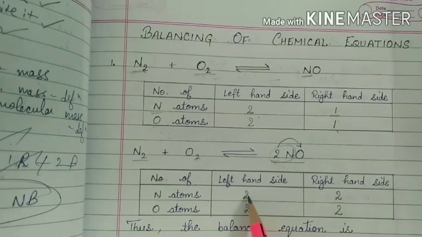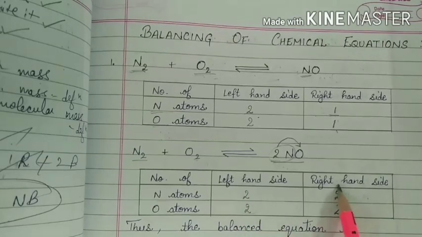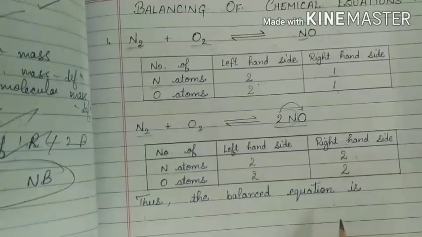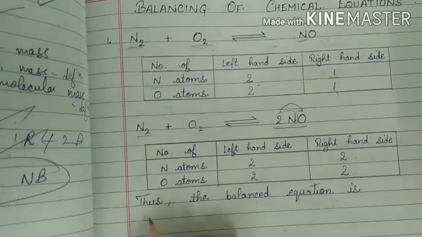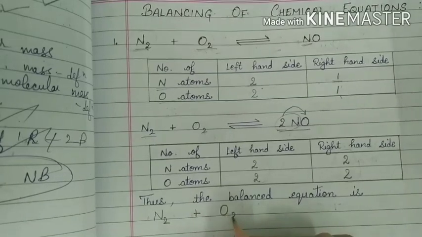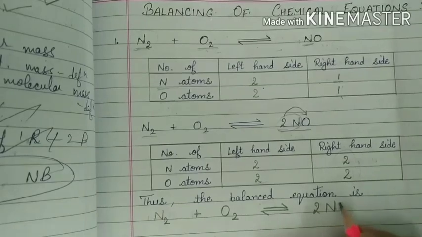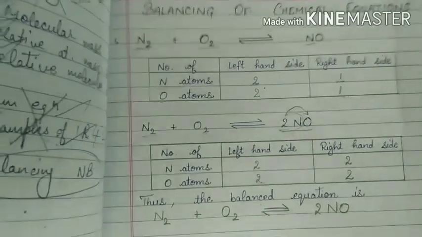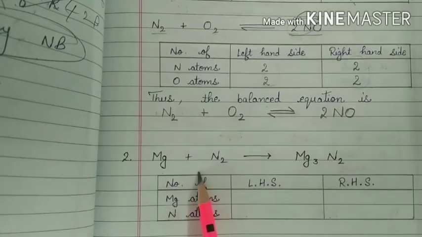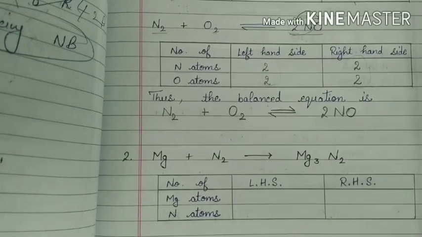So now it is clear that number of atoms of both elements are equal on reactant side and on product side. So the balanced equation here is N2 plus O2 gives 2NO. Then come to the second equation, that is Mg, magnesium plus nitrogen gives Mg3N2, that is magnesium nitride.